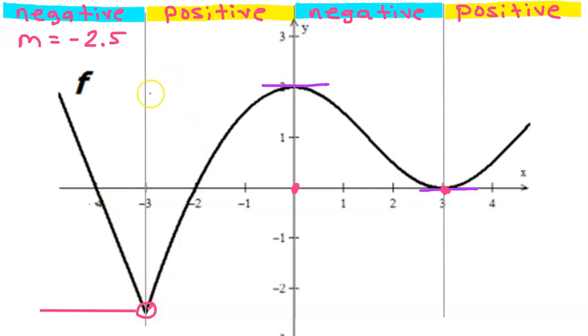So now let's pick up with the next interval. We have already decided that f prime should be positive in this interval. So I'm going to start drawing above the x-axis, but I'm going downward. I have to pass through that point.